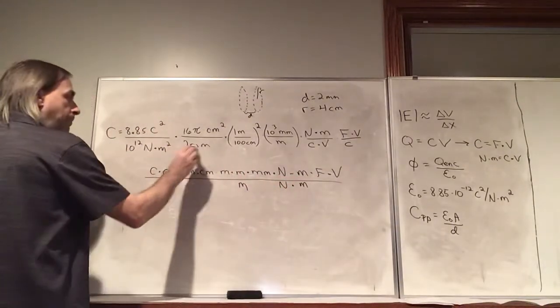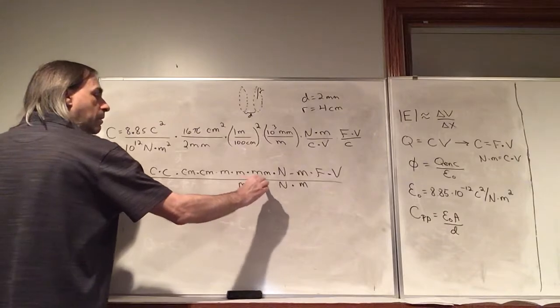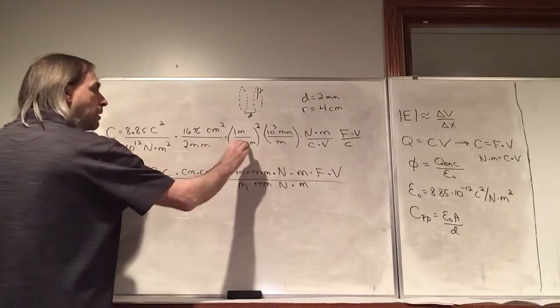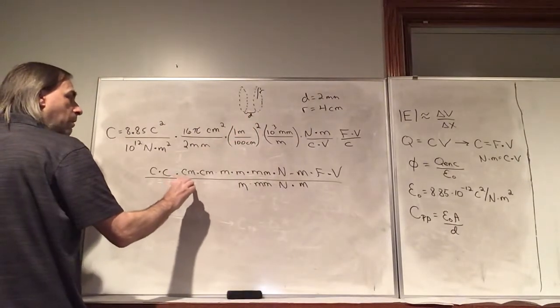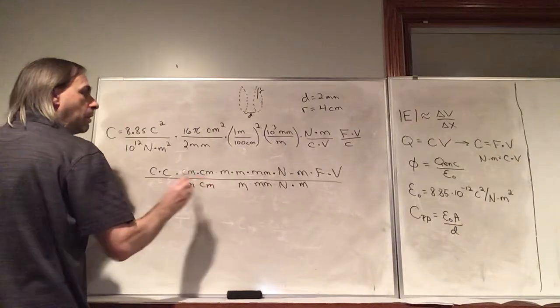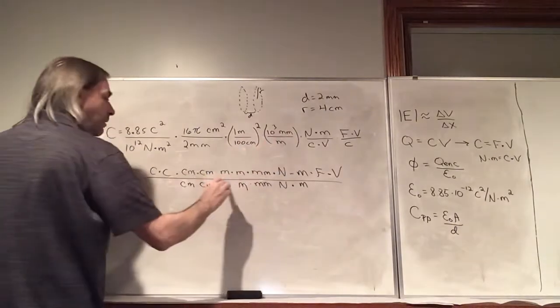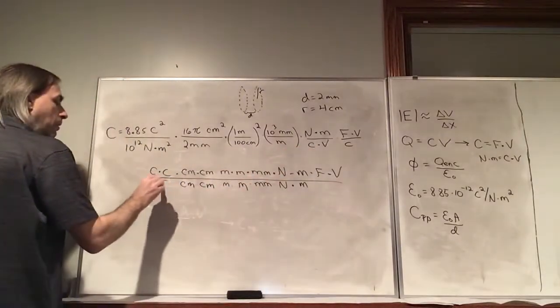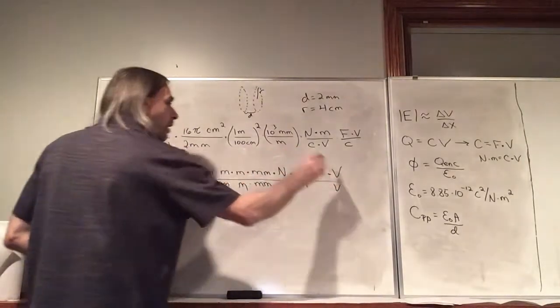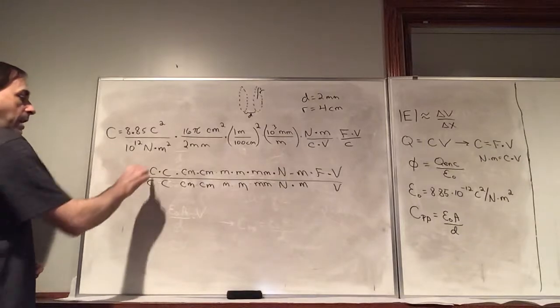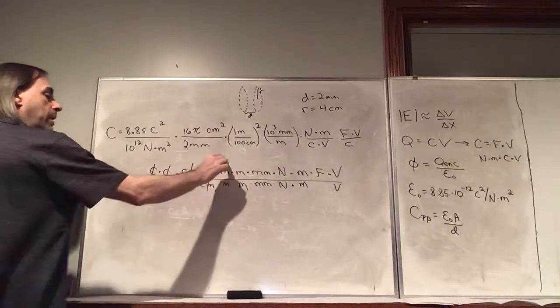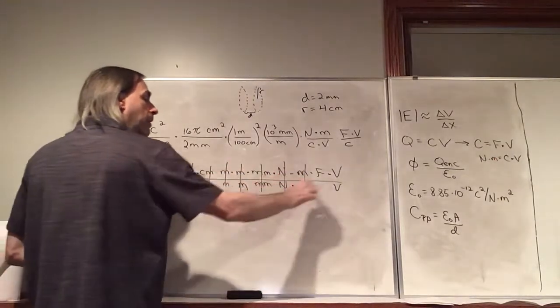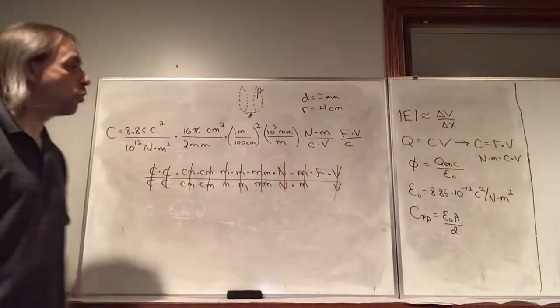Here's another one. Then we have millimeters, centimeters squared, meters, and then coulomb times a volt. And then finally at the end we have a coulomb, and we can see that everything here cancels out except for farads.